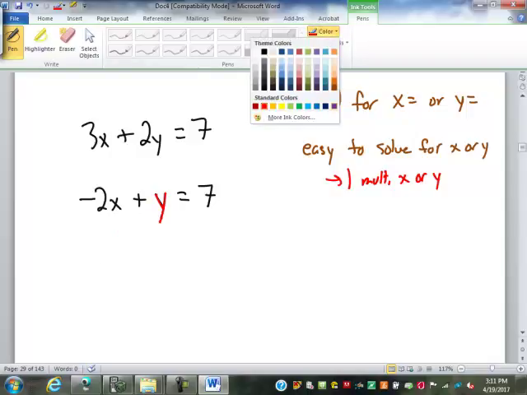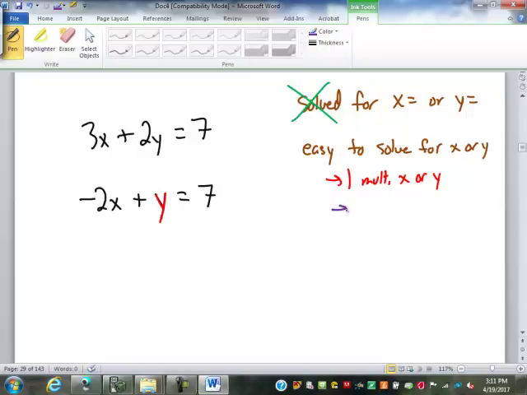Now, if I don't have that, the next one is they're going to be easy to divide by. And we'll see those examples more on Friday. So we can easily divide by 1. That's why we're going after the 1y here, because dividing by 1 is not going to give us any fractions or decimals.